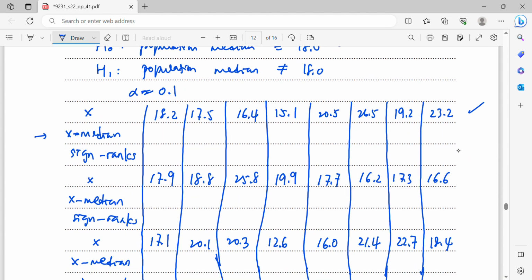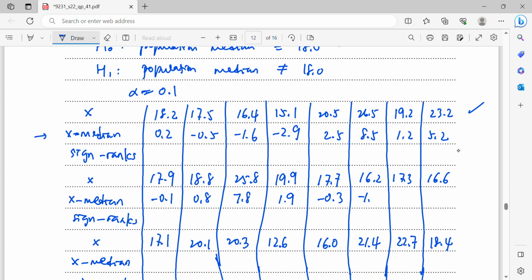Okay, so now when you minus 18, first value is 0.2, second is negative 0.5, then negative 1.6, negative 2.9, 2.5, 8.5, 1.2, 5.2. So for 17.9, you minus 18, it will be negative 0.1. Then 0.8, after that 7.8, 1.9, negative 0.3, 16.2 minus 18 will be negative 1.8.